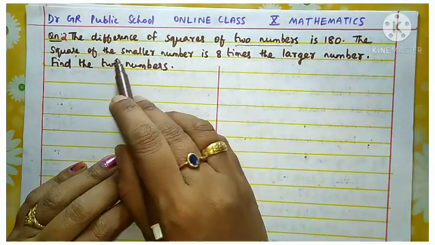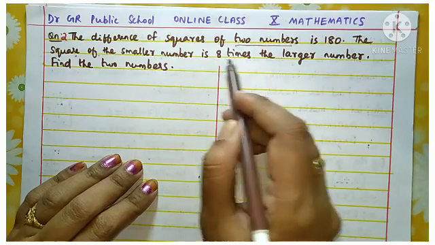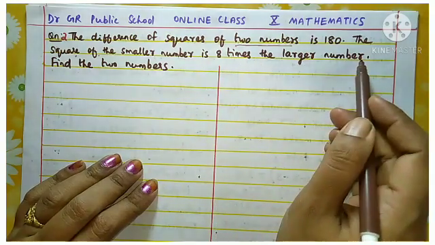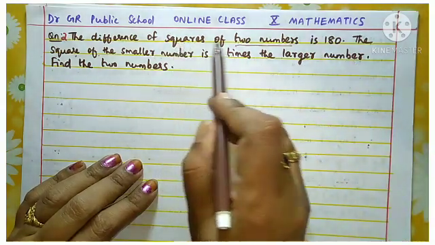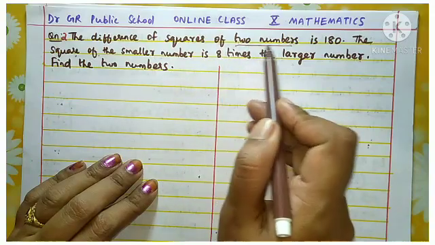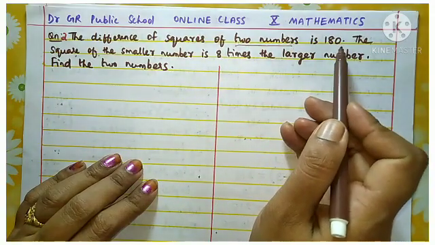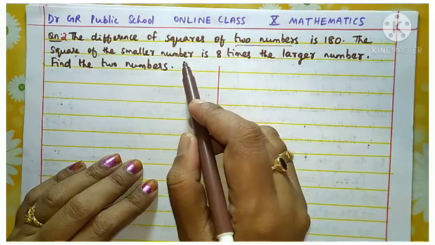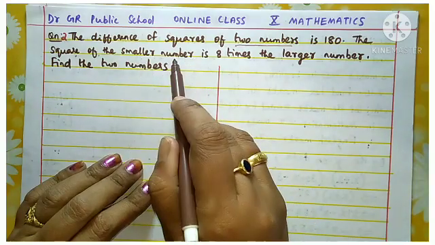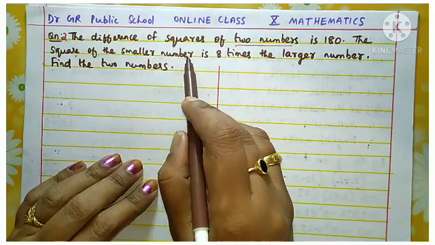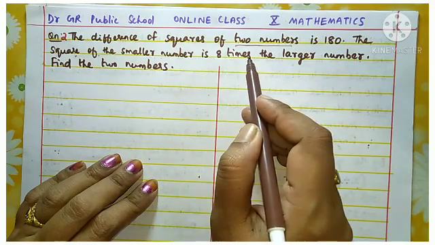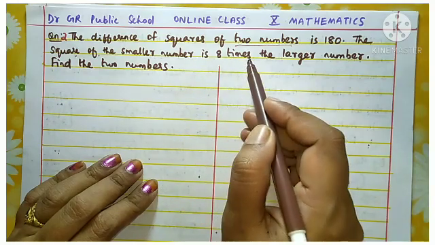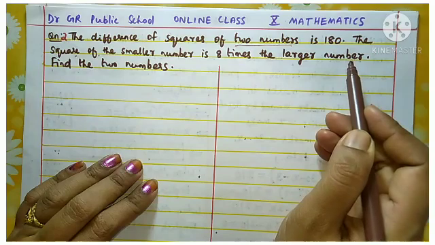The square of the smaller number is 8 times the larger number. So the first situation is the difference of the squares is 180, and the second situation is, if we find the square of the smaller number, that square will be 8 times the larger number.